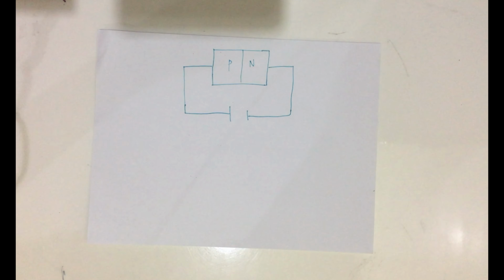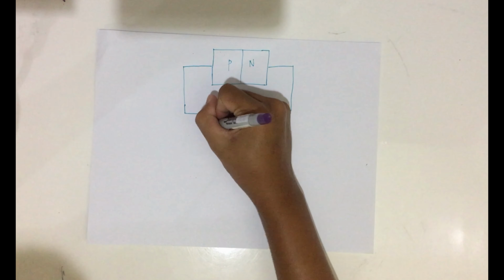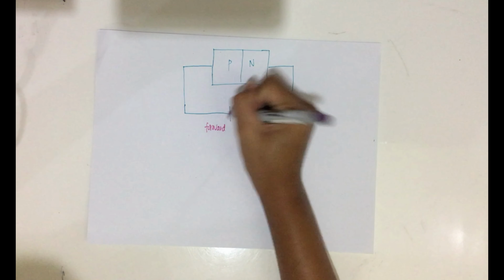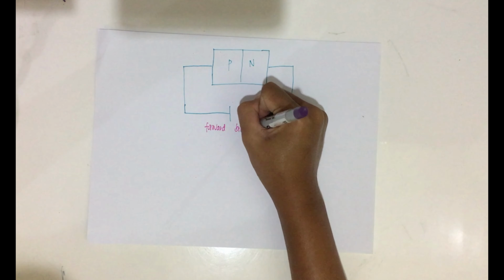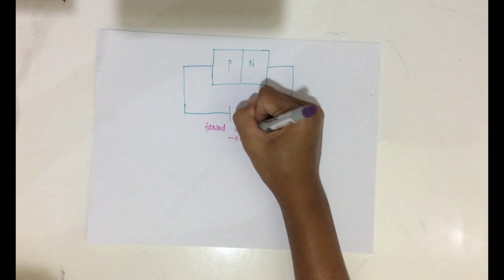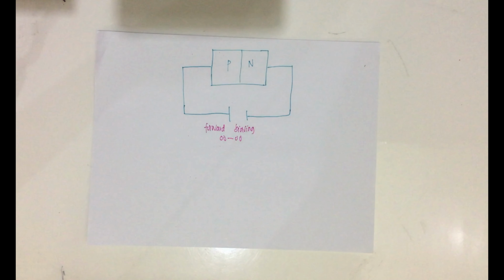We're moving on to the next subtopic, which is forward biasing. Okay, the first step that we need to know if this is a forward biasing or reverse biasing semiconductor, we need to check the connection.